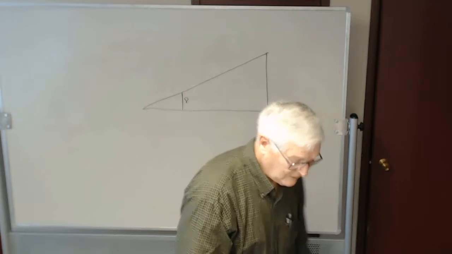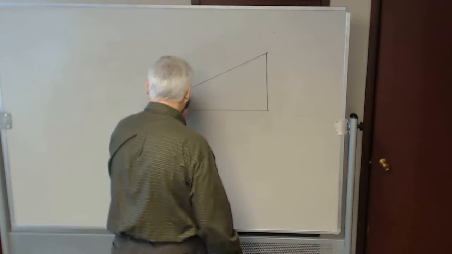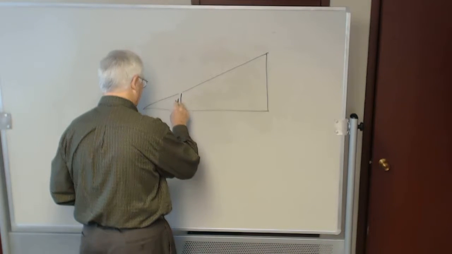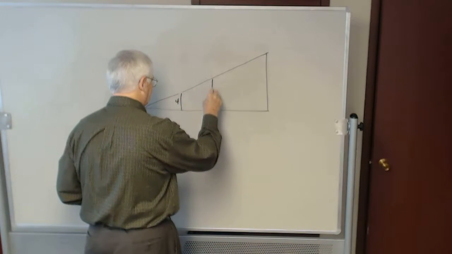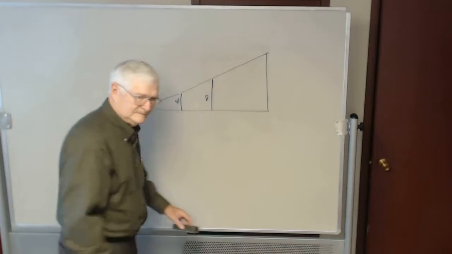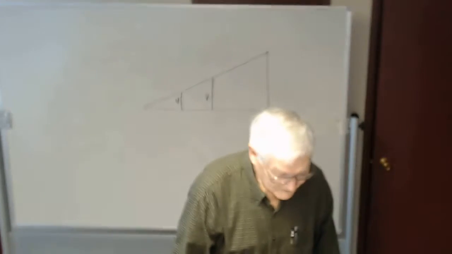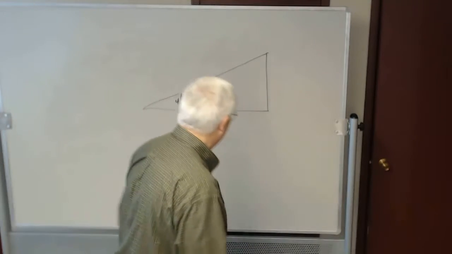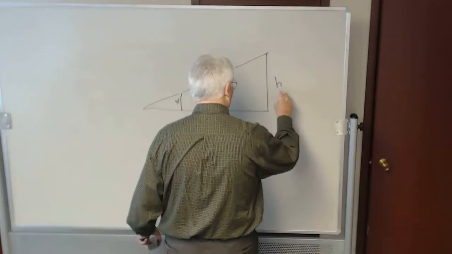No, it's got 4 feet, doesn't it? It's got a thing here that says 4 feet. Then it's got another one over here that says 8 feet, doesn't it? I just finished the picture off to add the rest of it because this is the height of the flagpole and that's what I want to find.